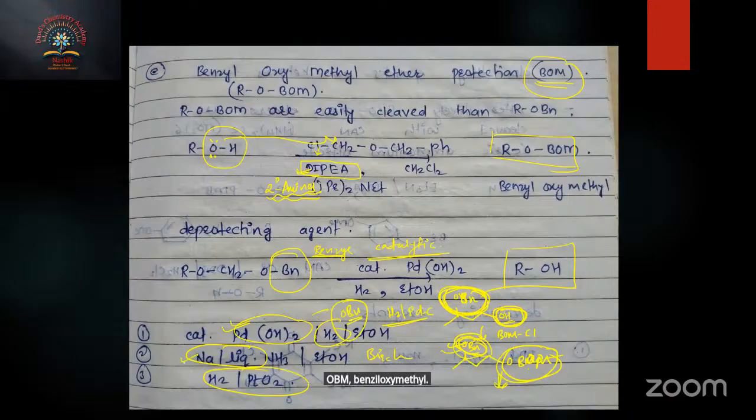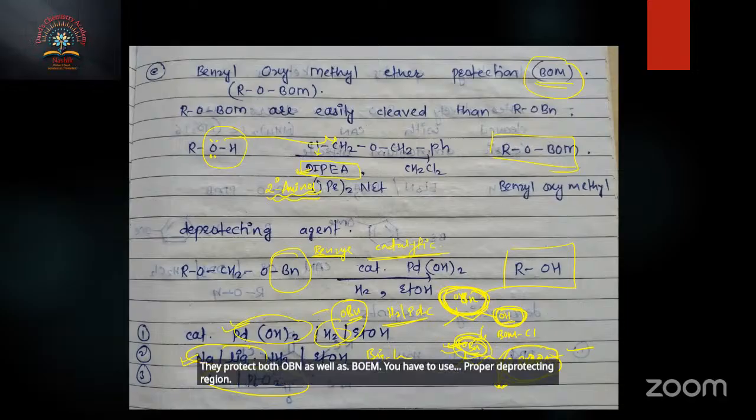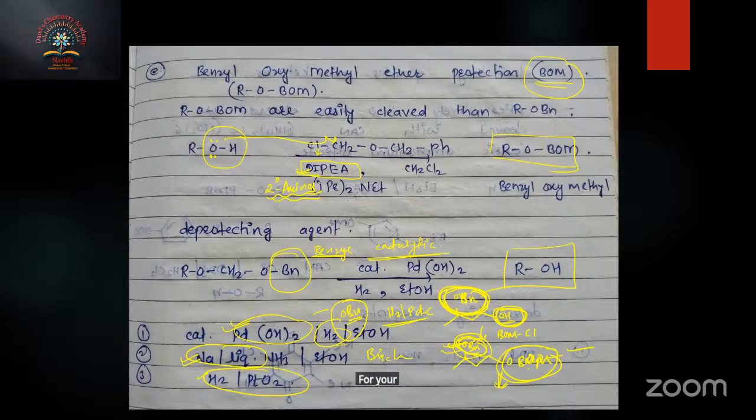Na in liquid ammonia will deprotect both OBn as well as BOM, and H2, Pt/O2. So palladium catalyst deprotects both OBn as well as BOM. So you have to use the proper deprotecting reagent for your required reaction condition, right? So that is the most necessary part during protection.